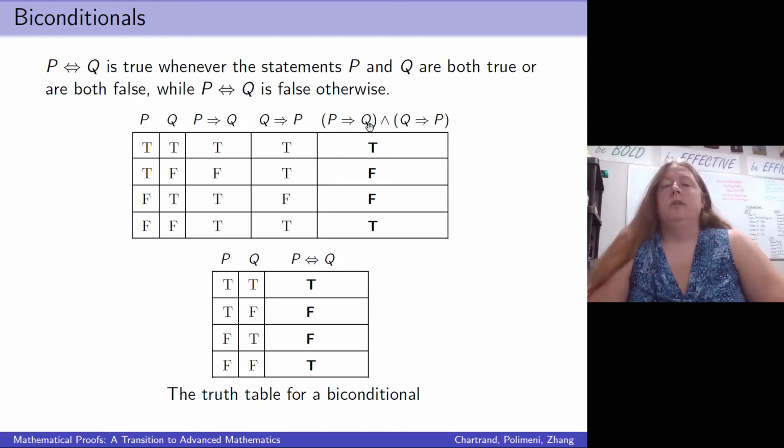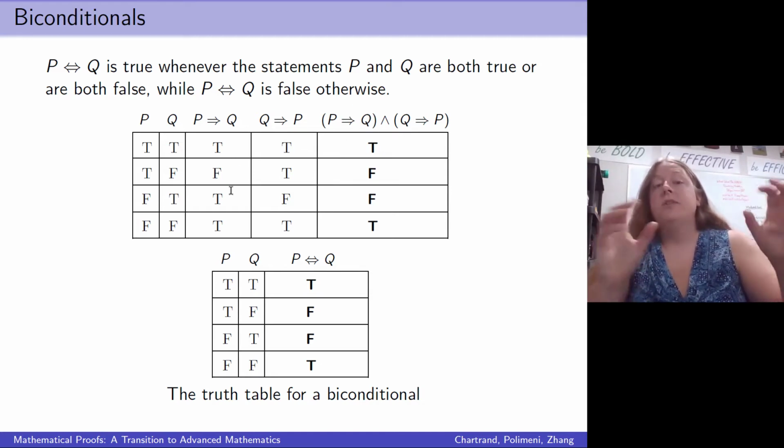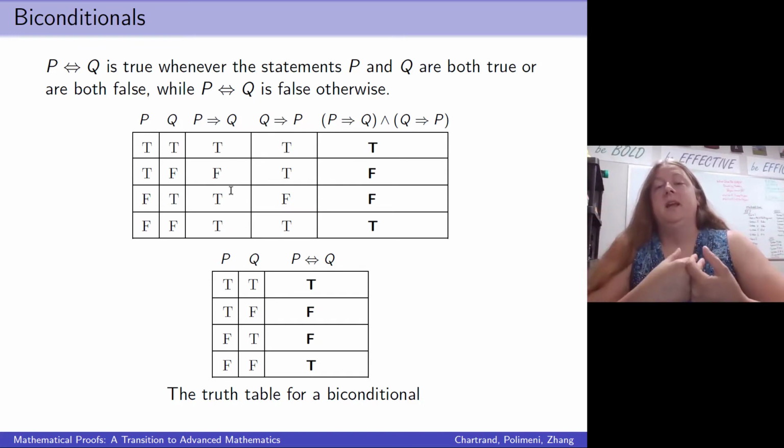So now, conjunctions, remember, they were true when both statements are true. This is the one that says it's this and this. This is the my name is Kayla and my name is Dr. Blyman. And if both of those are true, which they are, then I have a true statement. So both of my implications are the two sides of my conjunction.